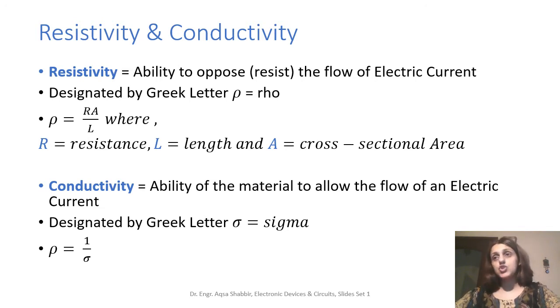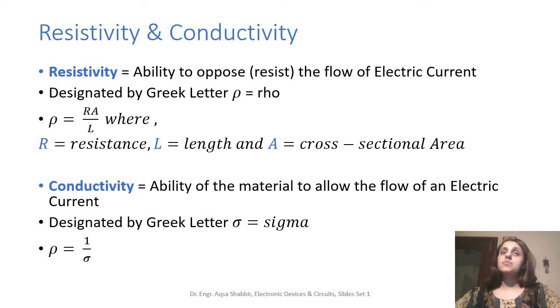Resistivity, as the name suggests, is the ability to oppose or resist the flow of electric current. It is designated by the Greek symbol rho, and we know that rho is equal to RA divided by L, where R is the resistance, L is the length, and A is the cross-sectional area of the material that is being considered.